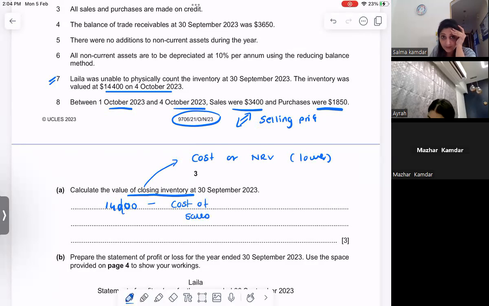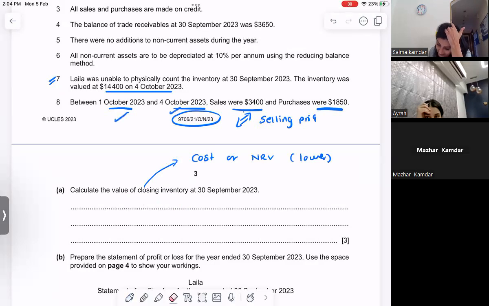Yes. So wait, cost of sales we'll have to calculate then. But between 1st October and 4th October, these goods were sold. So will you minus this?